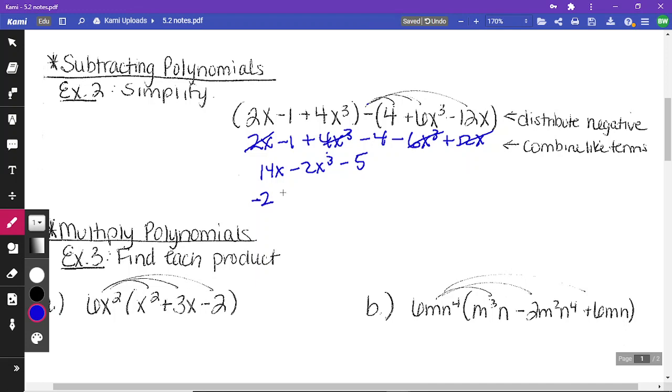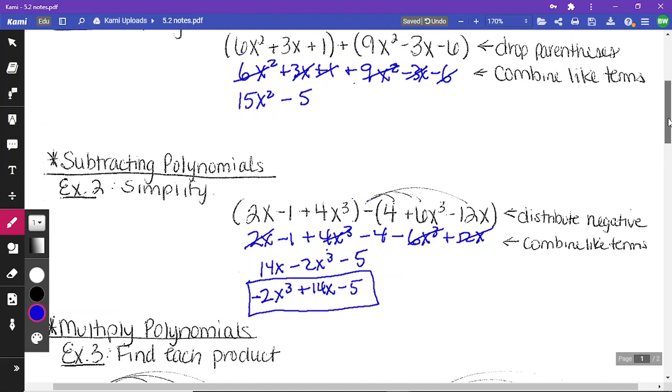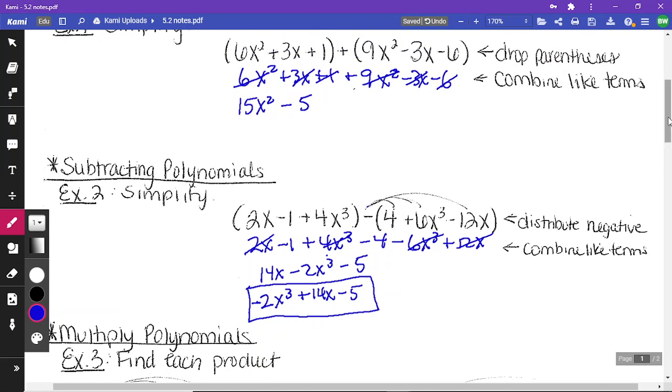And that's negative 2x cubed plus 14x minus 5. Okay, and that is it. I didn't put a box around the final answer on this one up here. Mark that like that.